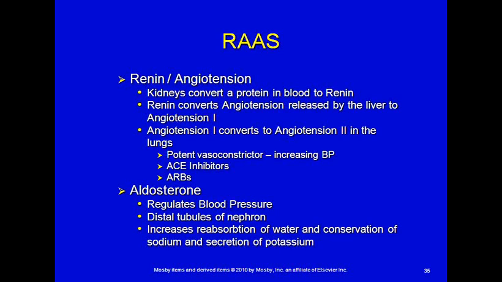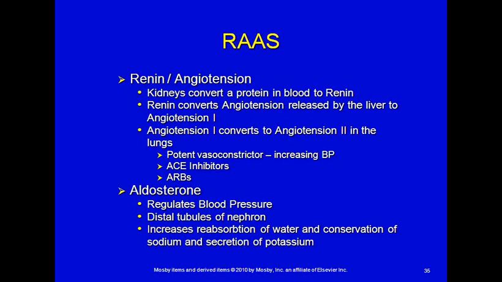And ARB is known as, those are your angiotensin receptor blockers, a newer generation of drug used to treat blood pressure. ACE inhibitors are your pril drugs, with lisinopril probably being the most common ACE inhibitor, and ARBs. Diovan is certainly a trade name of one of the newer ARBs.